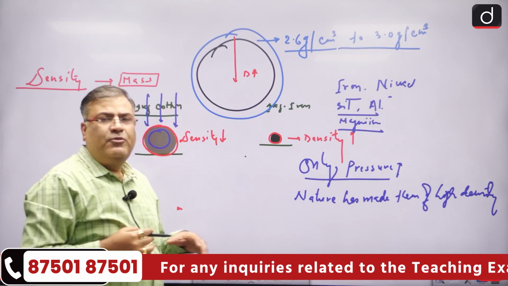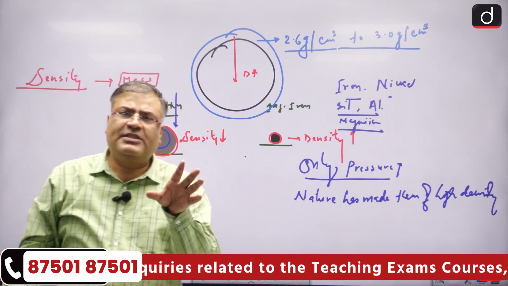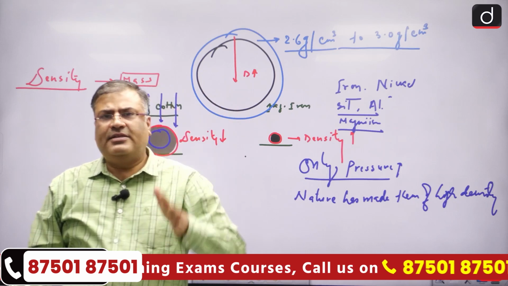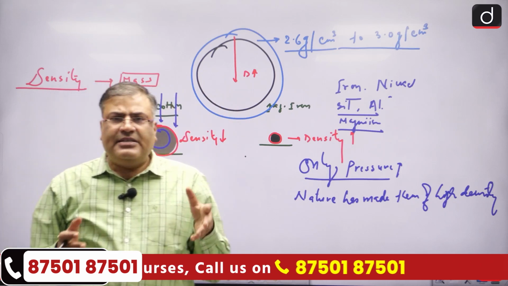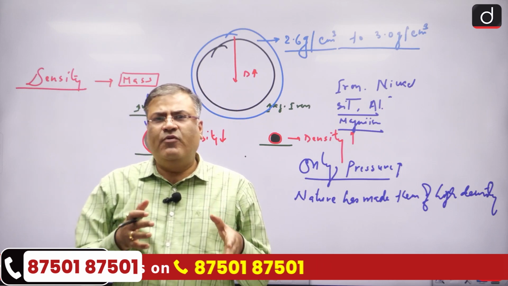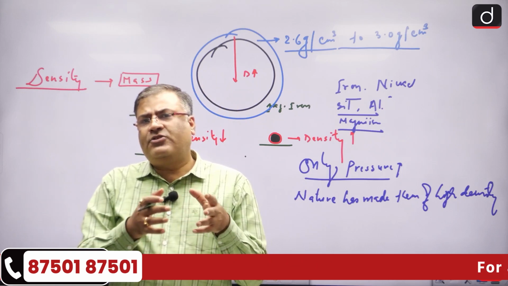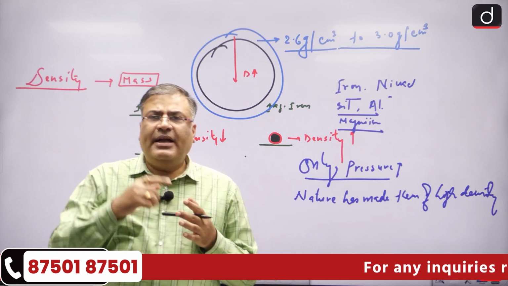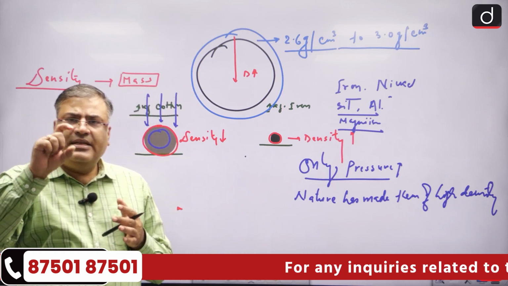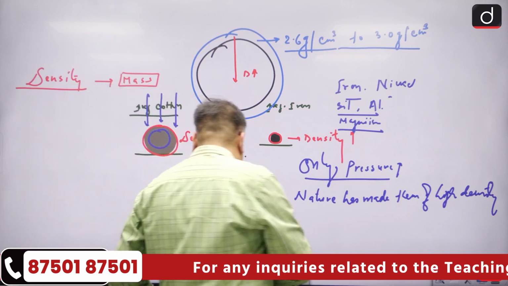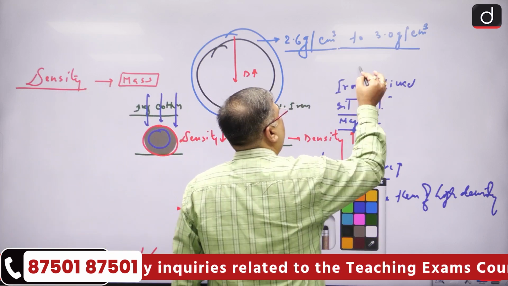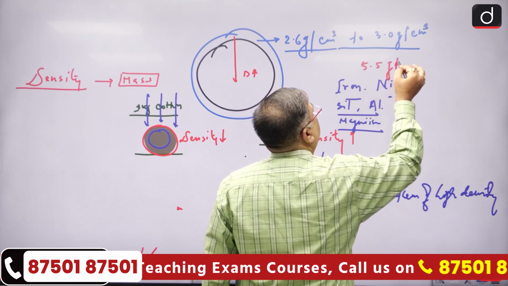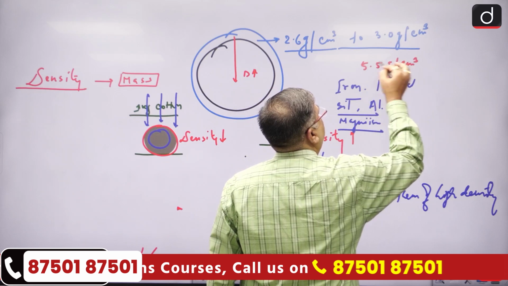Fine. Suppose the Earth is a very homogeneous thing and there is no difference in the density, then the average density of the Earth should be somewhere close to 2.6 to 3.5. But the satellite study clearly suggests that the average density of the Earth is more than 5.5 gram per cubic centimeter.